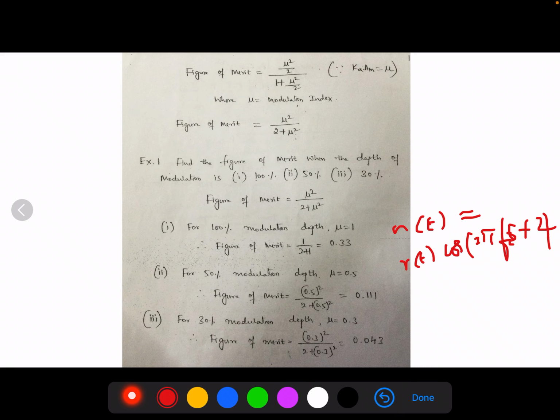So then we may neglect the quadrature component of the signal with respect to the noise, and thus directly from the figure where you have seen the phasor diagram, the envelope y of t is given by R of t plus Ac into cos psi of t plus Ac into Ka into m of t into cos psi of t.